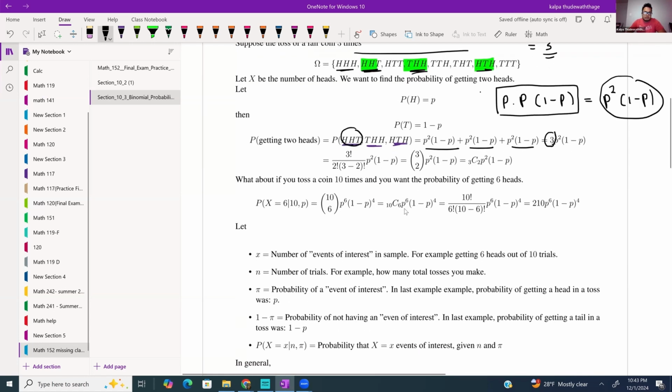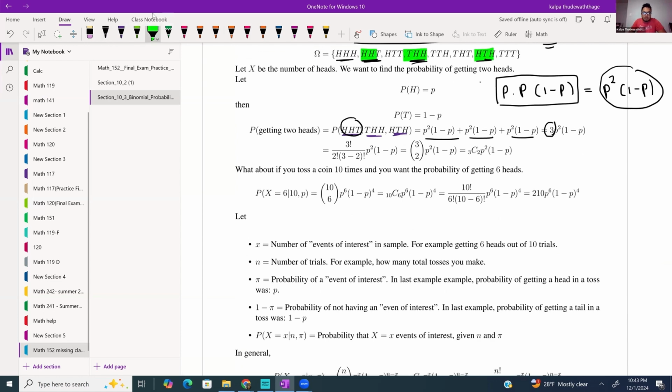So that's the application of the combination idea. So this 3 choose 2 comes into play in the binomial distribution. This is another way we can write 3 choose 2. You can write it in both ways.